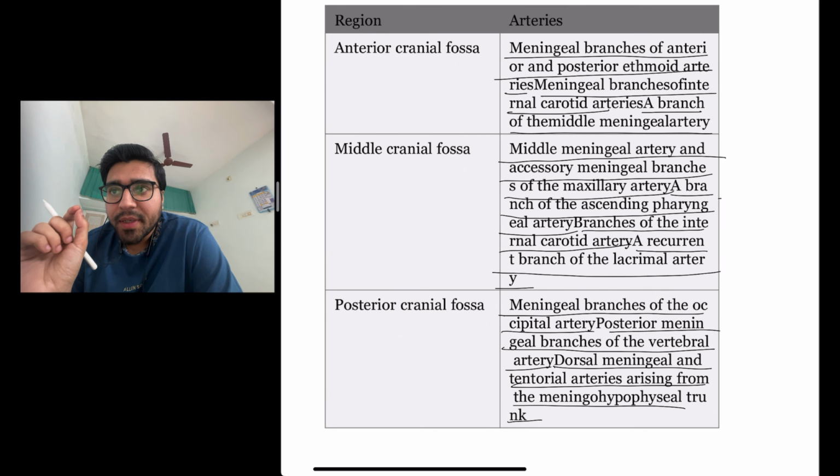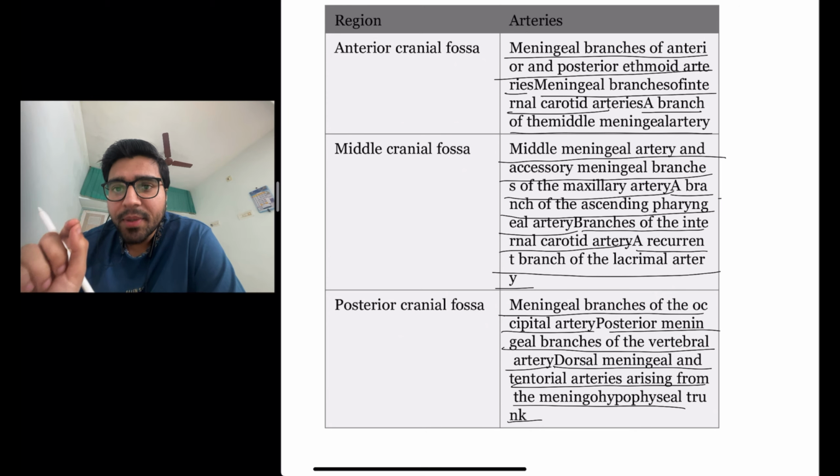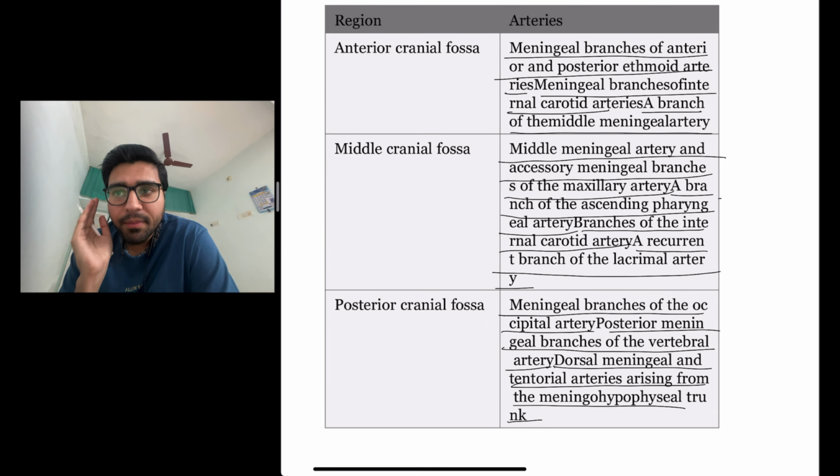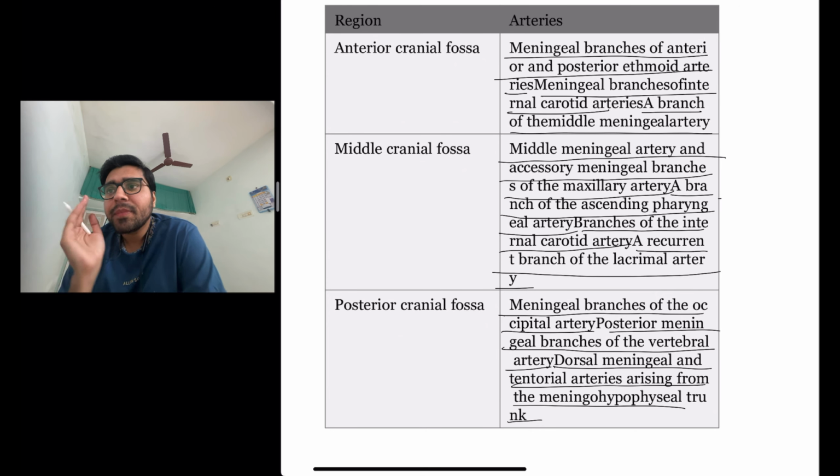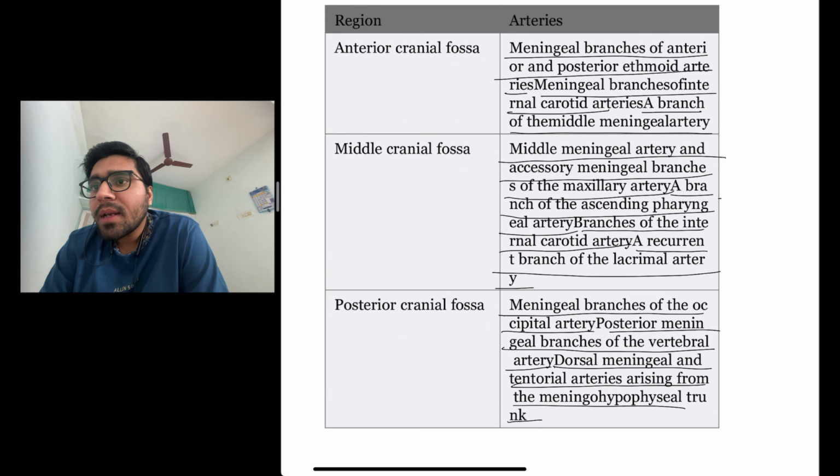Let us repeat this once again because neuroanatomy and blood supply of the cranial fossae is one of the most important topics of discussion. The anterior cranial fossa blood supply is meningeal branches of anterior and posterior ethmoidal arteries, meningeal branches of the internal carotid arteries, and a branch of the middle meningeal artery.